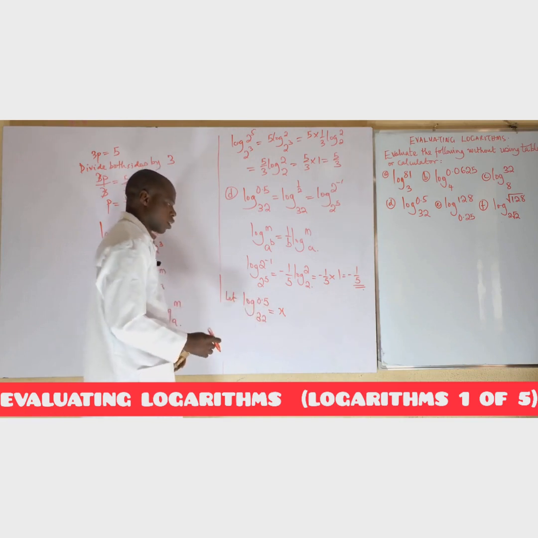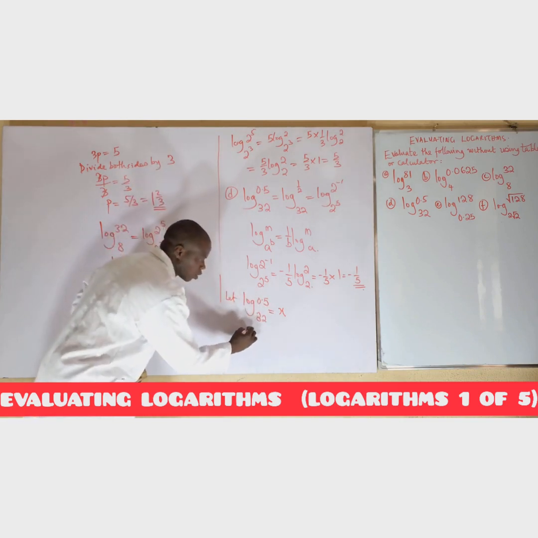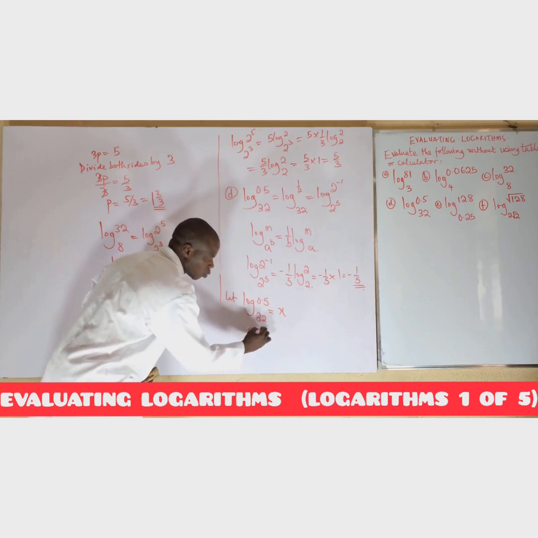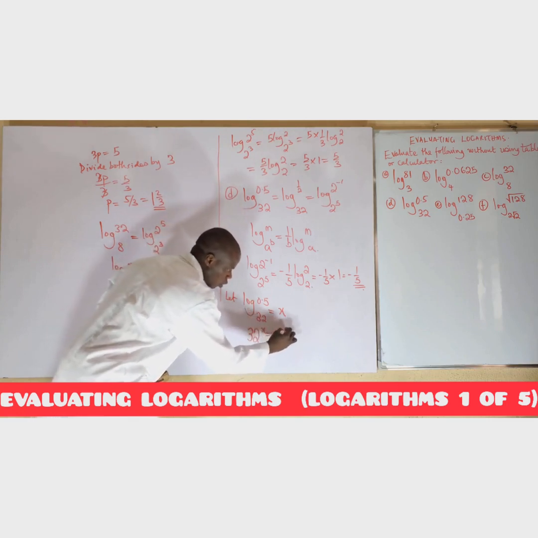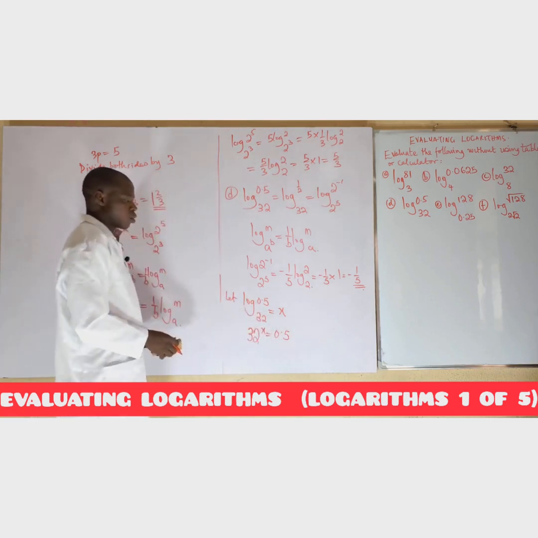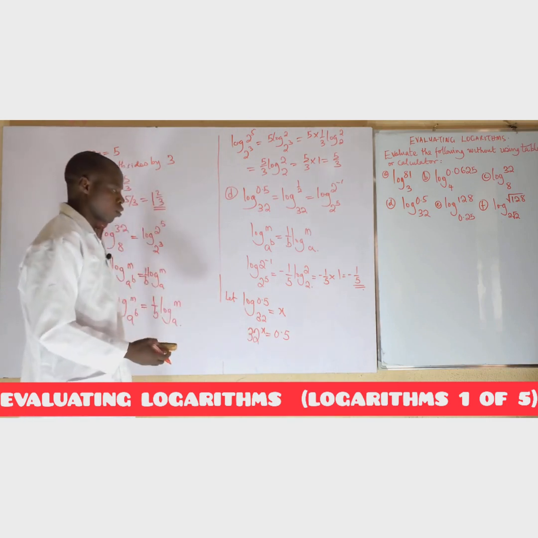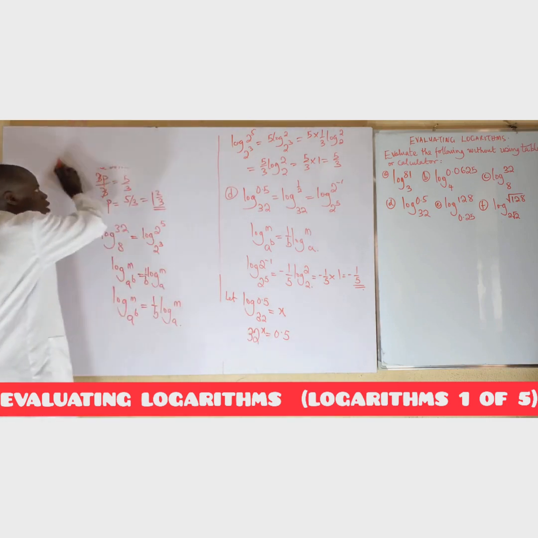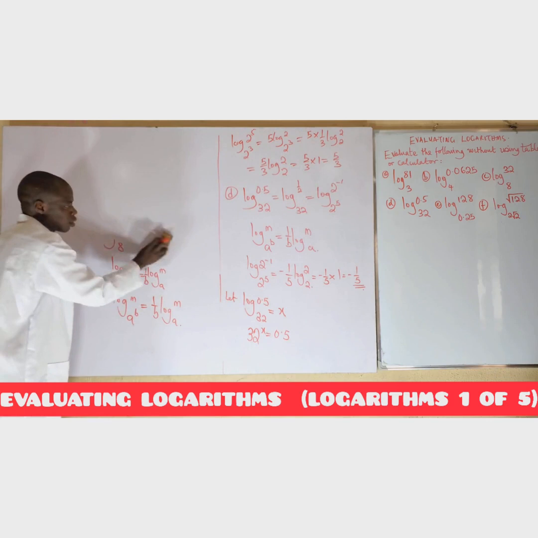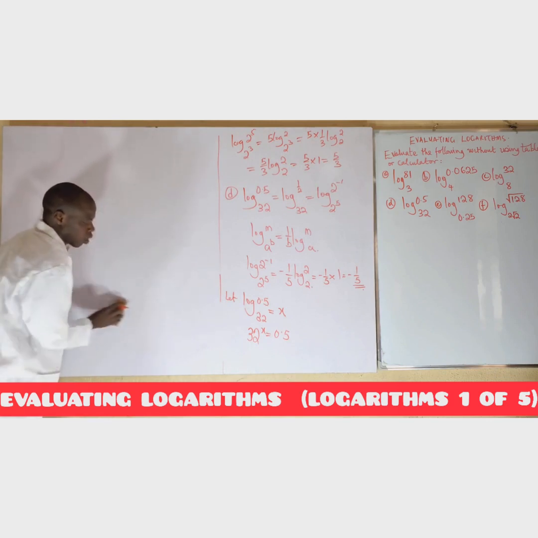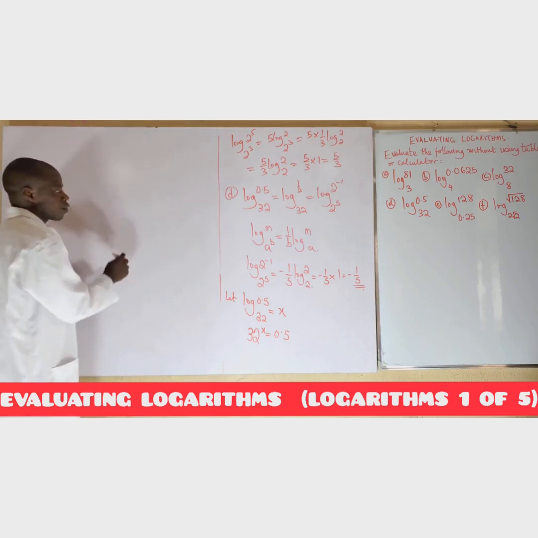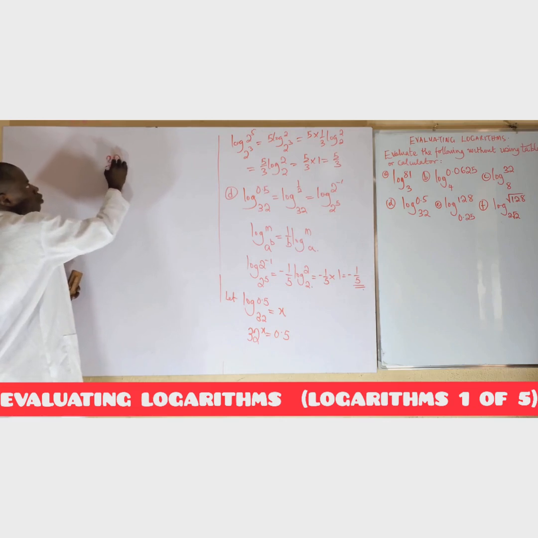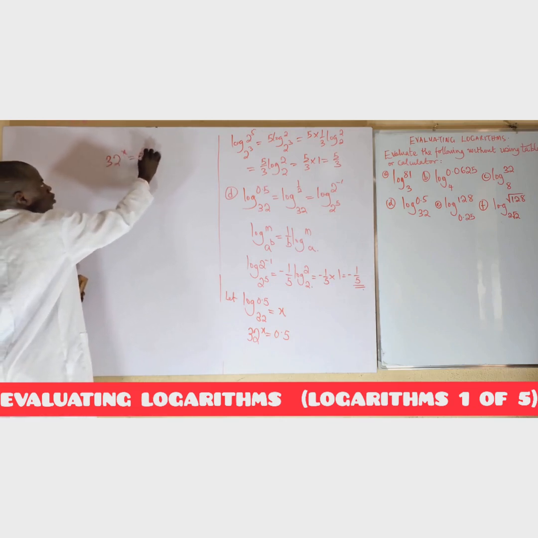If you want to write it in index form, you are going to have 32 raised to power x equals to 0.5. Then let's see how we are going to complete that.